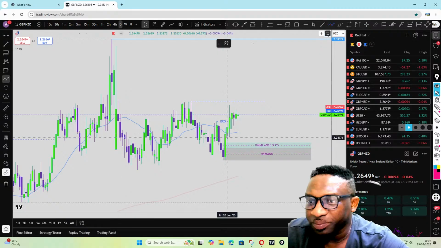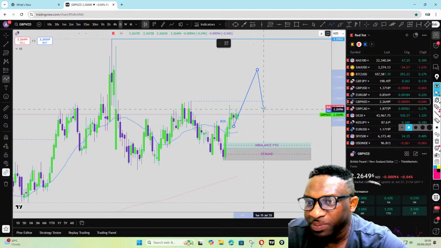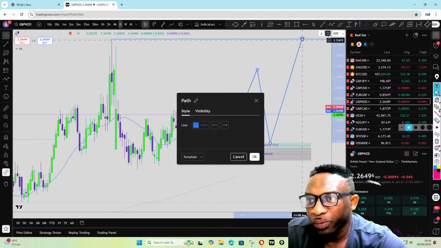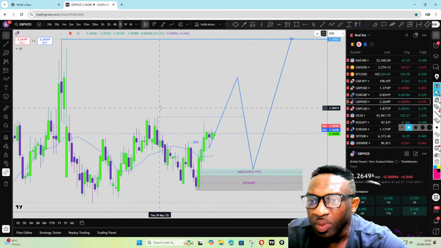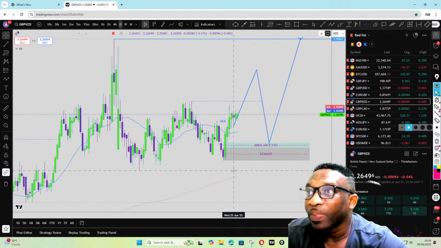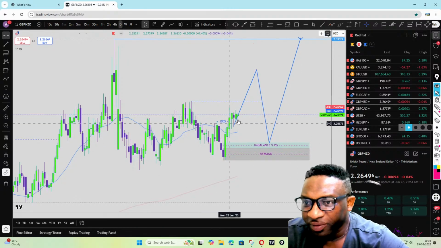Once we have a break here, we expect price to trace back to this area before targeting the weekly high.